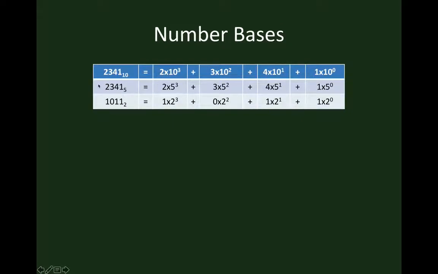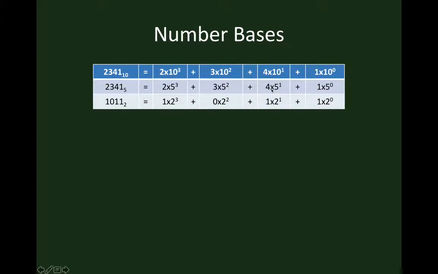Now this number, I don't have a name for it in English. I don't know what to call this. It's a base 5 number. So we would say this is the number 2341 base 5. And what it represents is 2 times 5 to the third power. This is 125 times 2, or 250. And 3 times 5 squared. 5 squared is 25, so there's 3 25s in the number, or 75. 250 and 75 is 325.